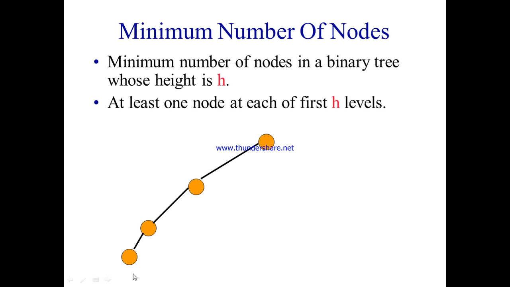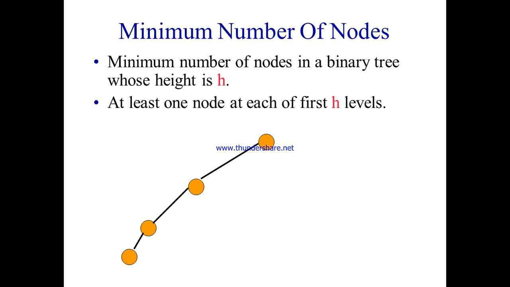With 4 levels, I will have 4 nodes. So the minimum number of nodes of a binary tree with height h is h nodes. You should remember that: the minimum number of nodes of a binary tree whose height is h is equal to h.